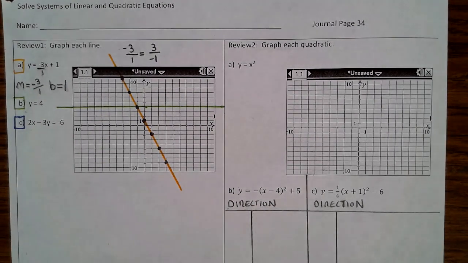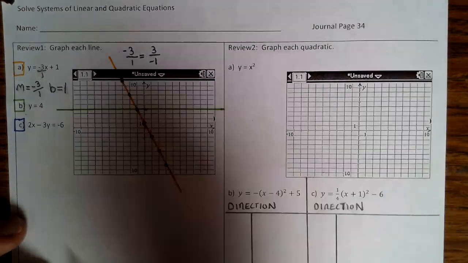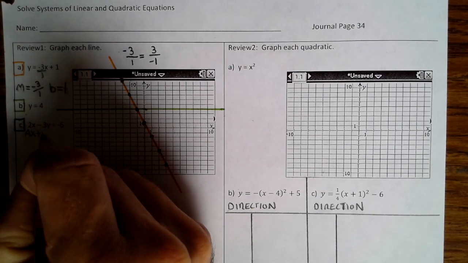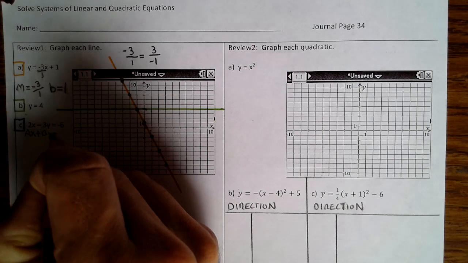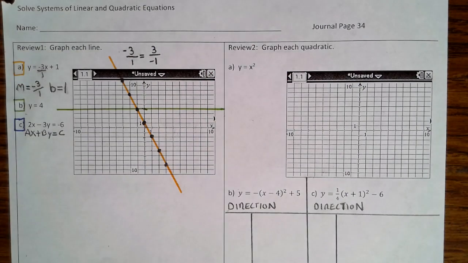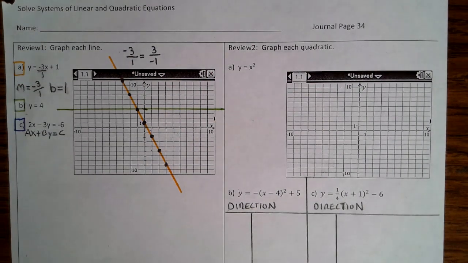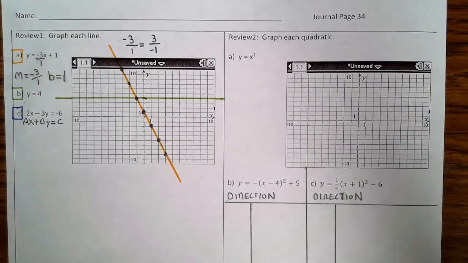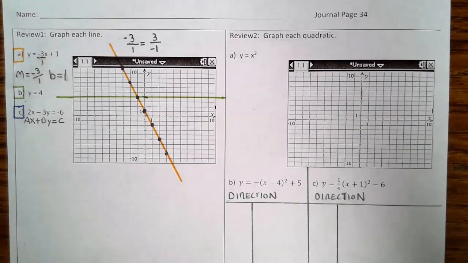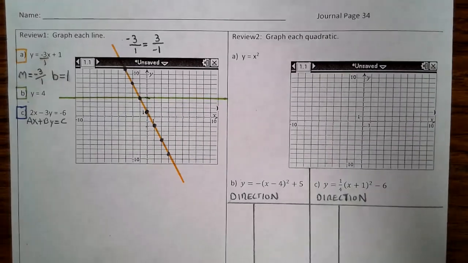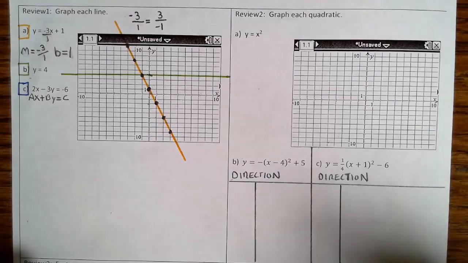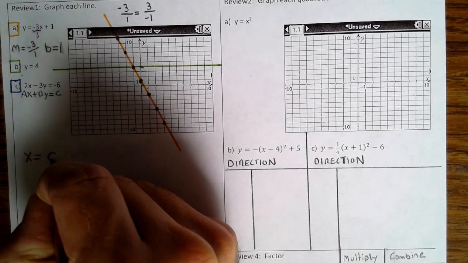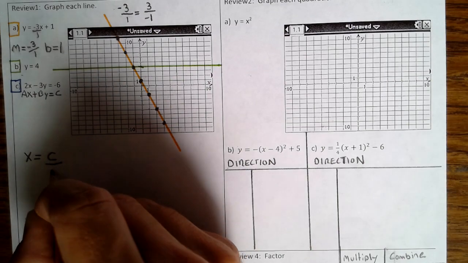Now, the third equation is in standard form, which is ax plus by equals c. Now, knowing that, we can graph. Sorry, let's adjust the lines a little bit. All right. We know that the x-intercept is x equals c divided by a.